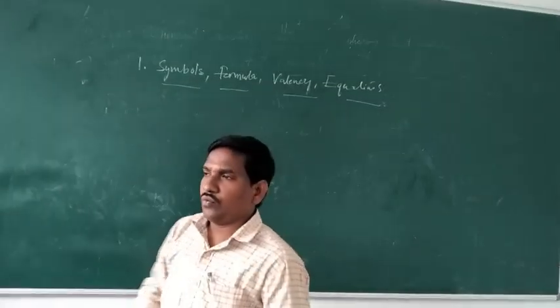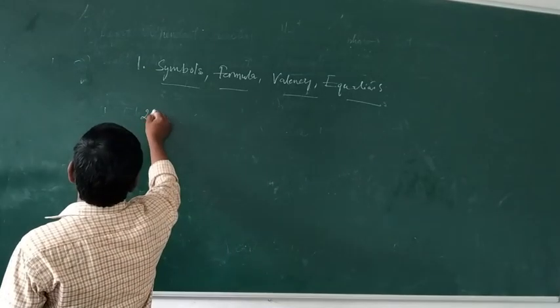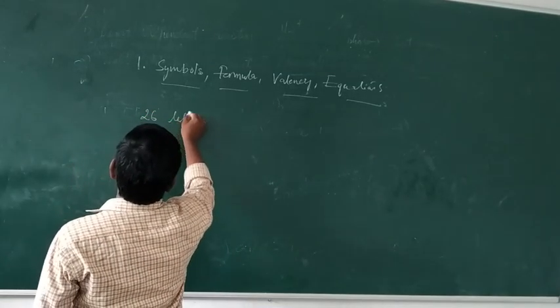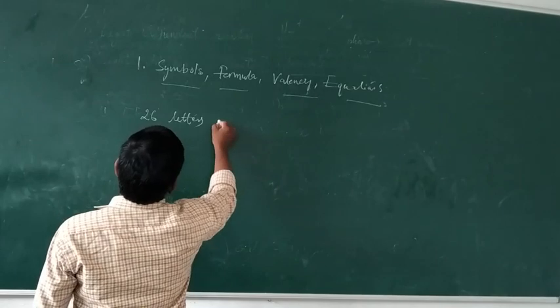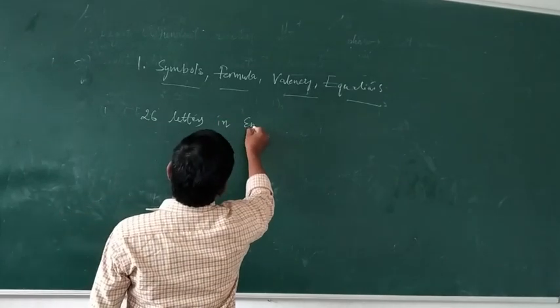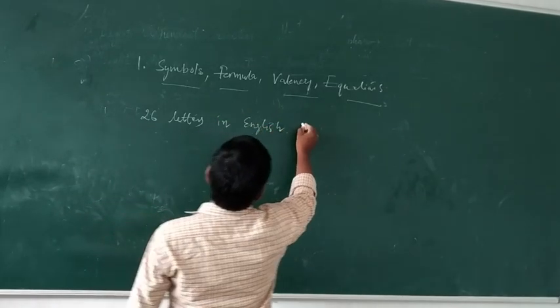Okay, we have 26 letters in the English alphabet.